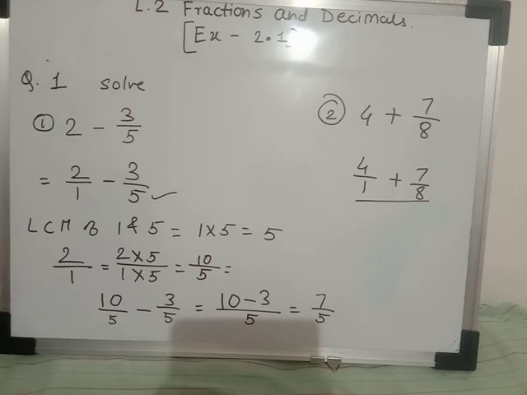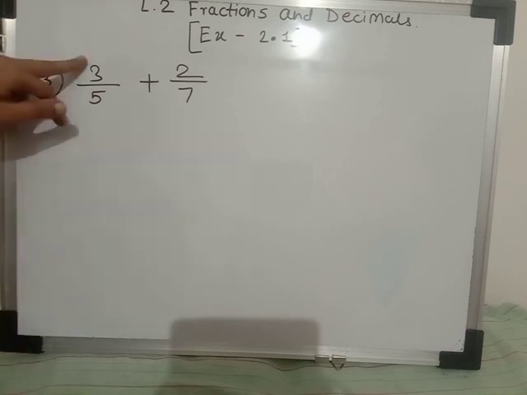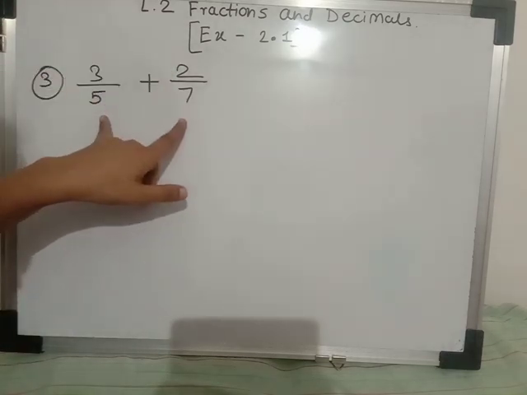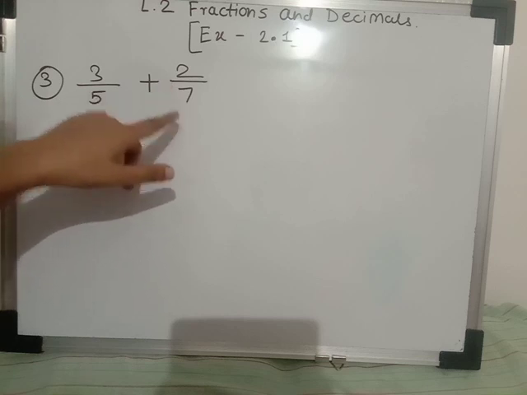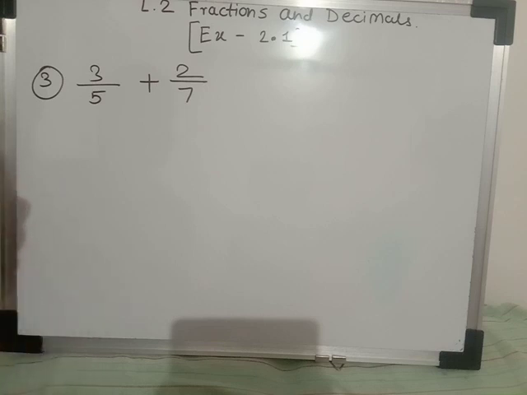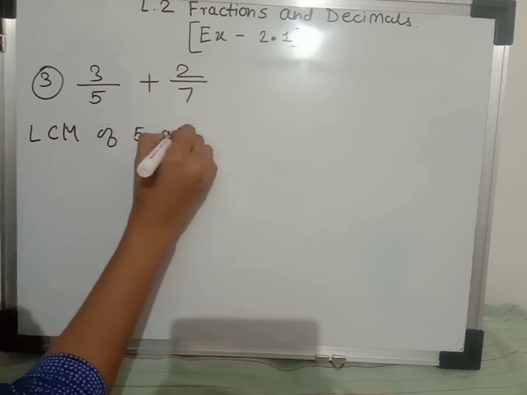Now I am going to solve the third example. Now here third example is 3 upon 5 plus 2 upon 7. Again both fractions are having different denominators. So what we have to do, we have to make their denominators same. How? We have to find out their LCM. So here let's find out LCM of 5 and 7.